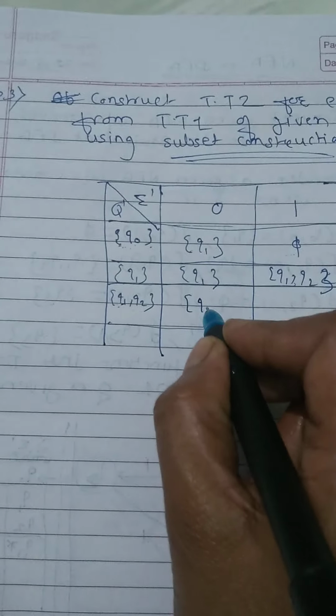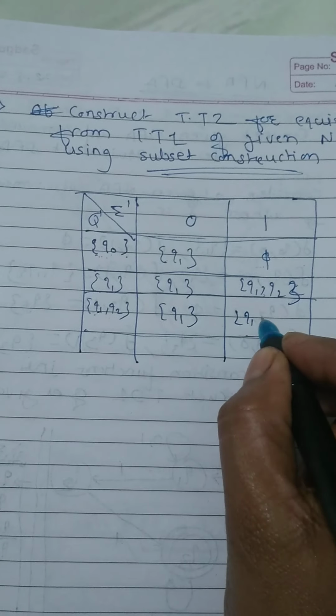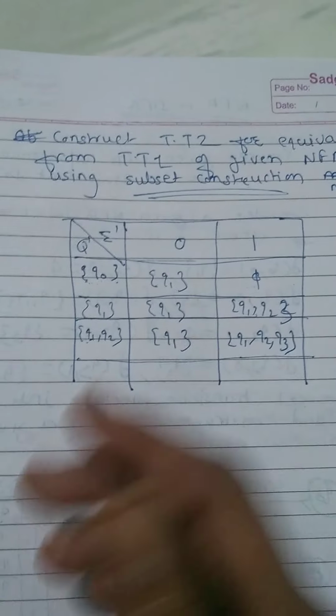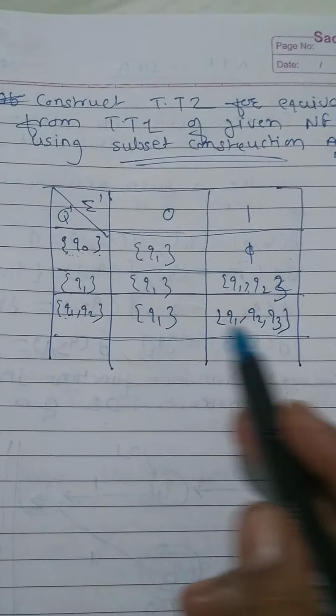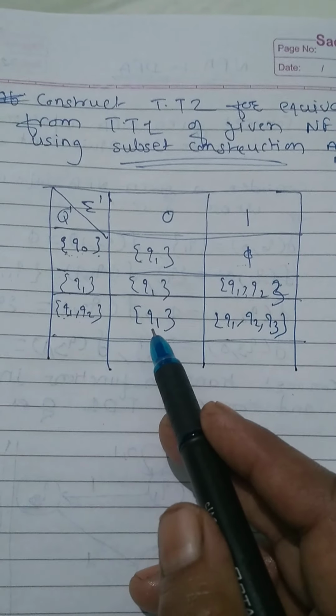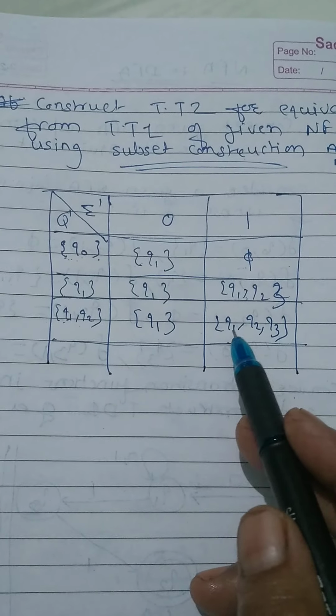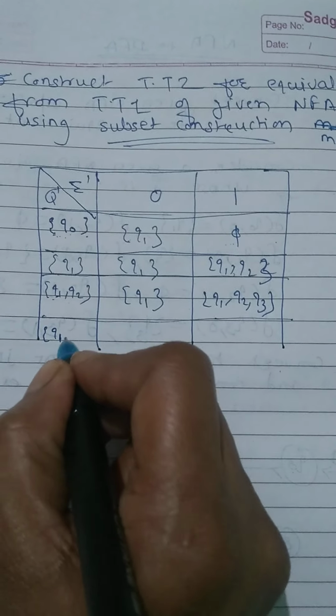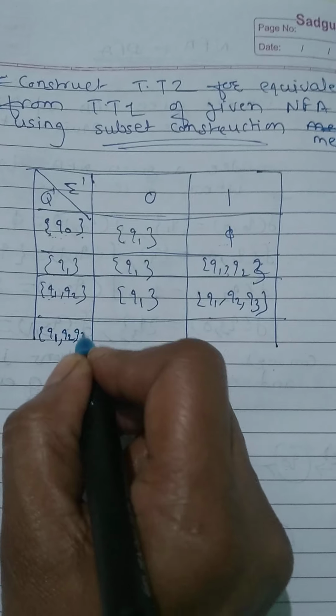Again we repeat the same process. We added two subsets here, but the new one is Q1, Q2, Q3, and this will become the new state.